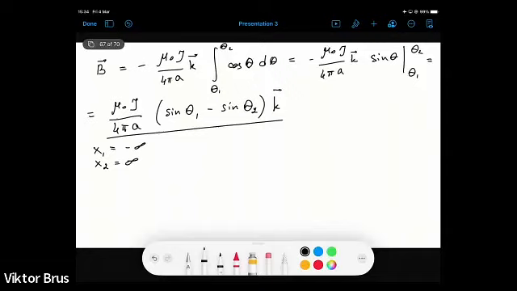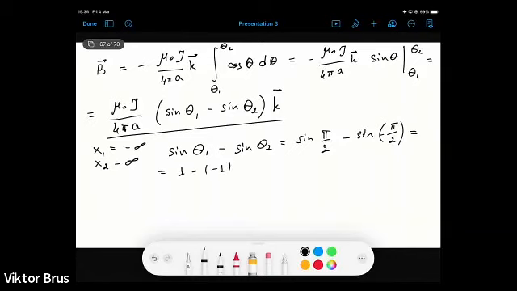Then this sinus theta 1 minus sinus theta 2 will be equal to sinus pi over 2 minus sinus of minus pi over 2, and that will be 1 minus minus unity, equal to 2.